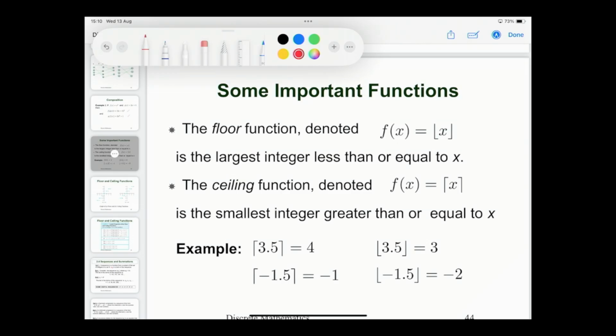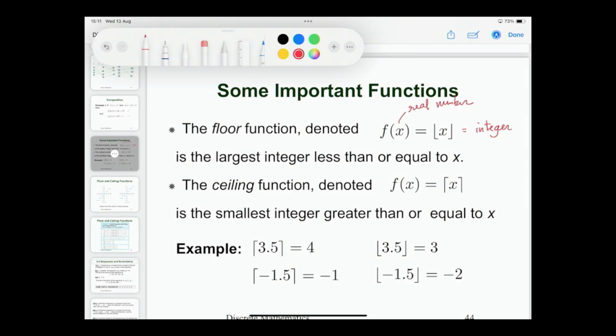Considering the floor function, or the lower bound function, f(x), when x is a real number, the result would be an integer, the largest integer less than or equal to x.